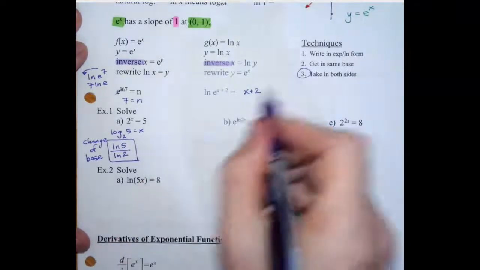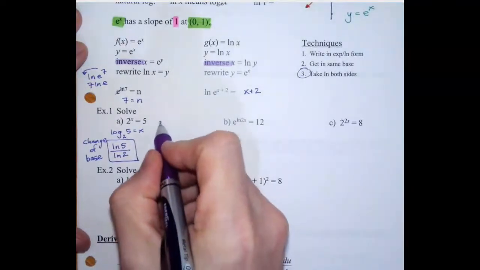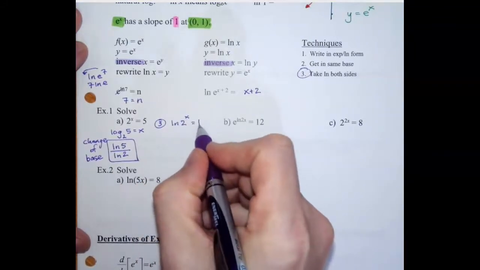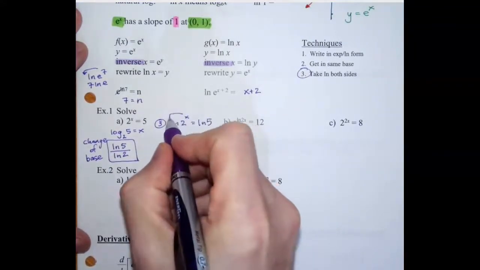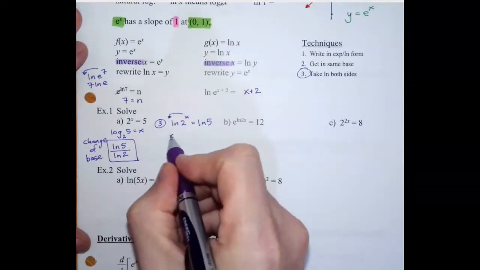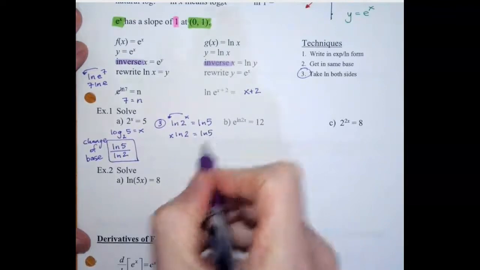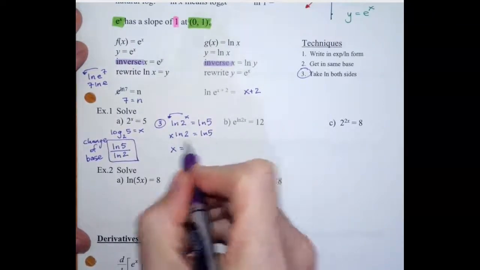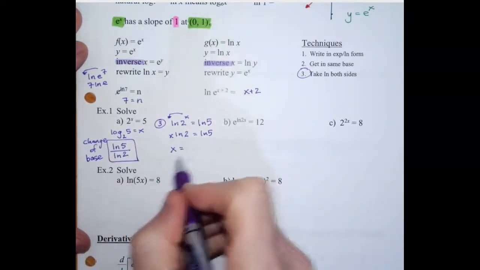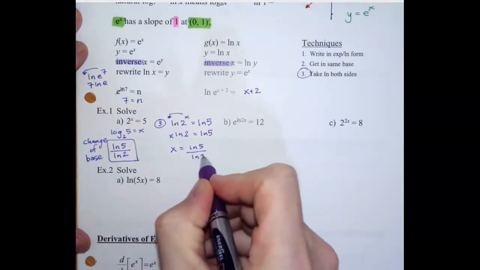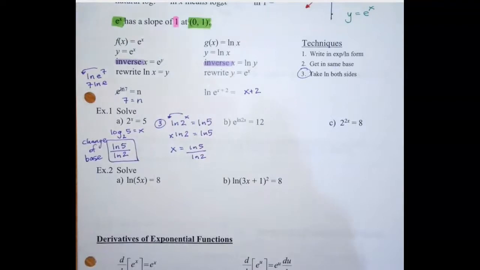And if we apply step 3 down here, we could take the natural log of both sides. So we would get this, and then we could use the properties of logarithms to move that x in front. And then we could divide both sides by the natural log of 2, and we would get the same thing. Kind of verification of the change of base rule.